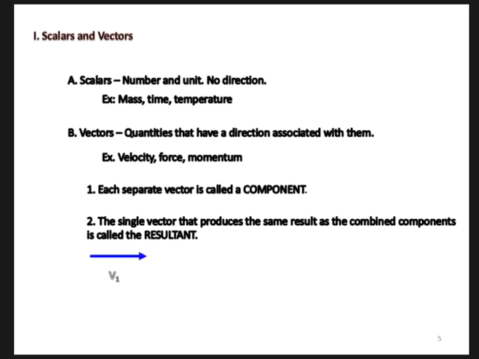For example, v1, vector 1. Next, vector 2, v2. The components are v1 and v2. We combine these vectors, it will be v1 plus v2, which will become a resultant vector.